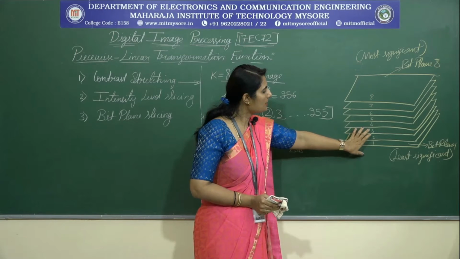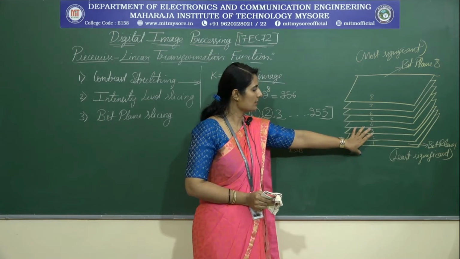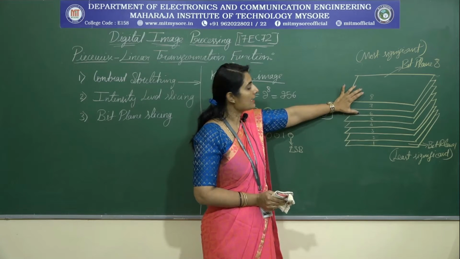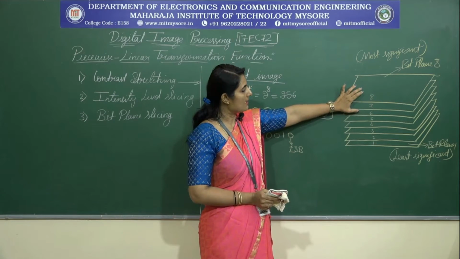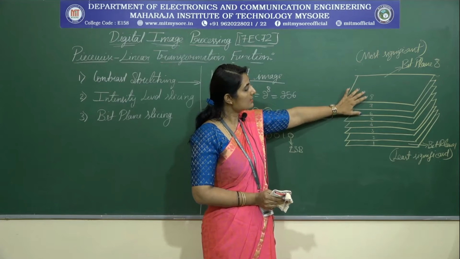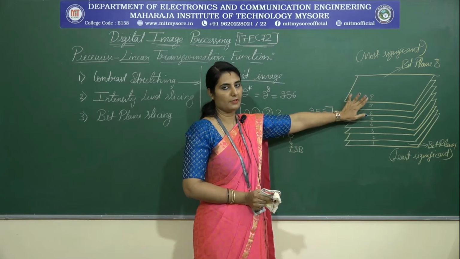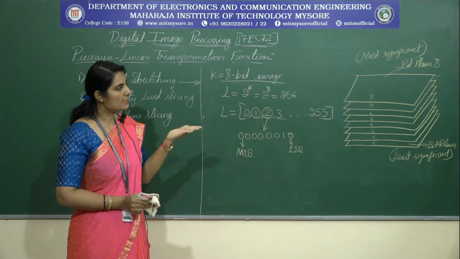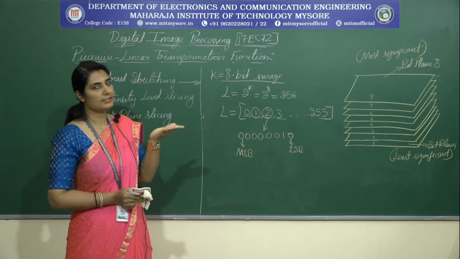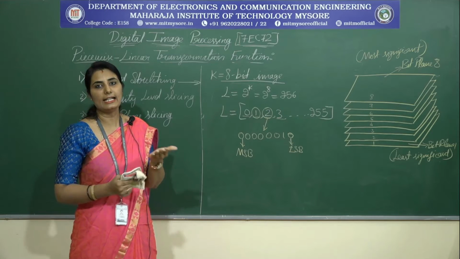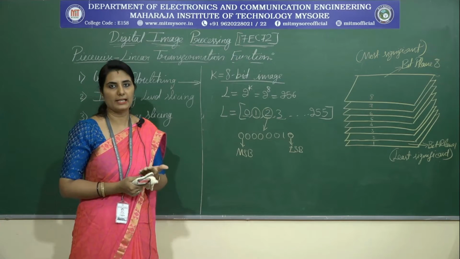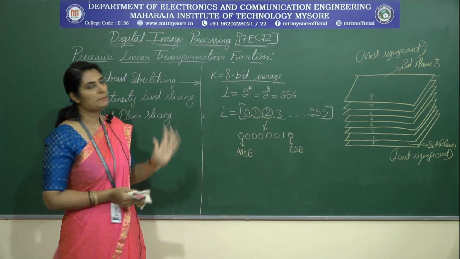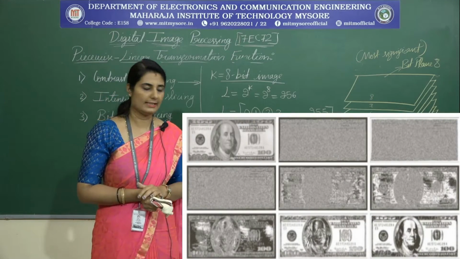The lower order bit planes are usually associated with least significant information, and the higher order bit planes like 6, 7 and 8 give the most significant information. So using a specific bit plane, we can highlight the entire image appearance based on that bit plane. To illustrate this, let me consider an example.